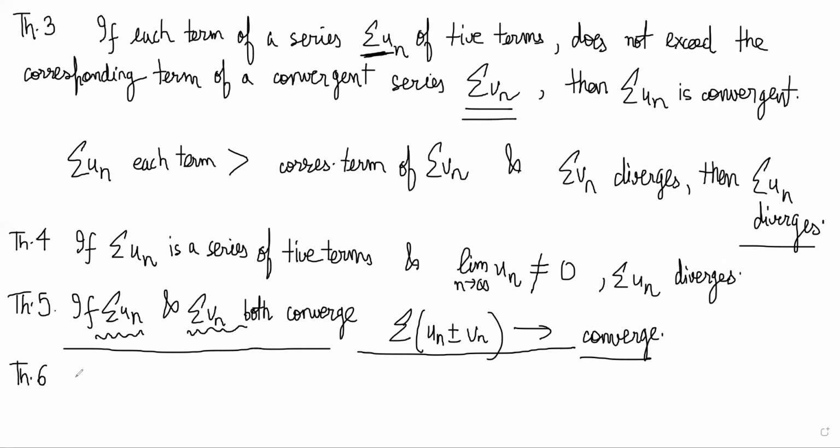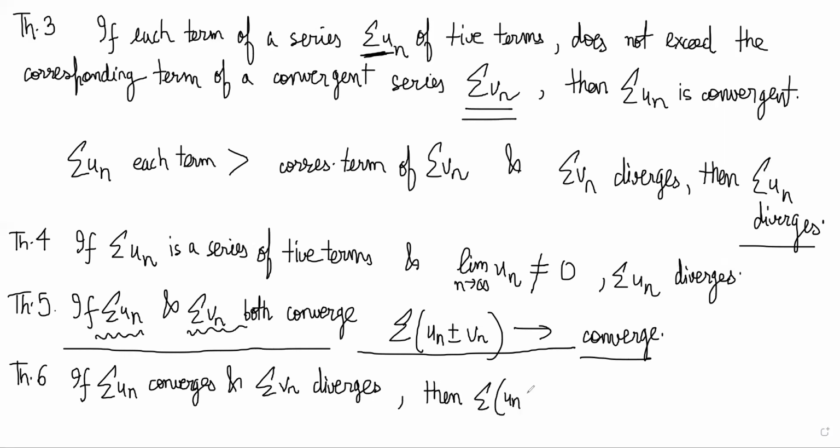Next one is, if this series converges and this series diverges, then un plus vn will diverge.